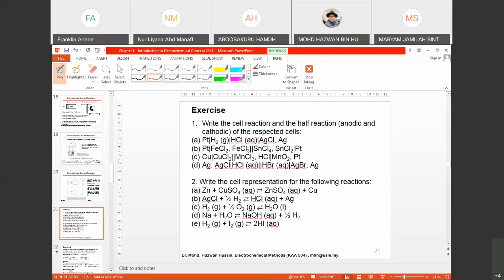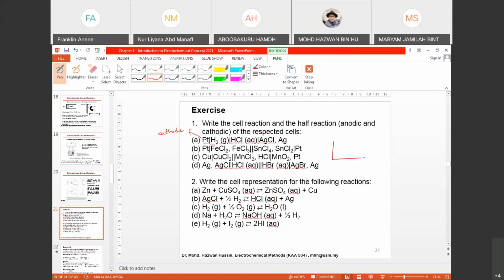So, if you still remember, I've told you that if there's any production of gas, especially hydrogen gas, then this one will be cathode. I'm taking an example from exercise 1A.